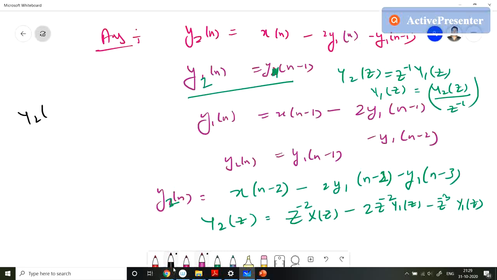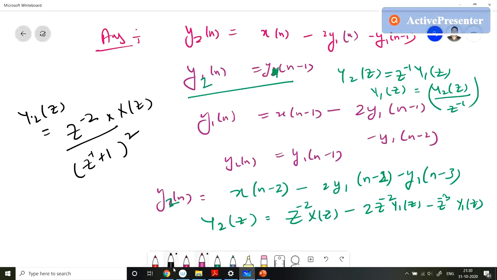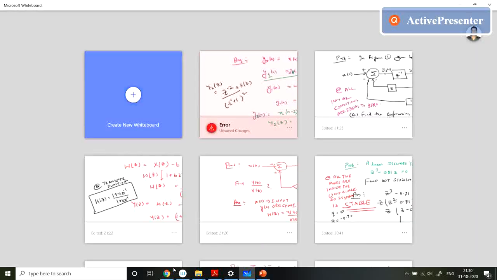So finally we will get Y2(z), please verify that, equal to z raised to the power minus 2 divided by z raised to the power minus 1 plus 1 whole square, multiplied by X(z). Let us write in the next slide.